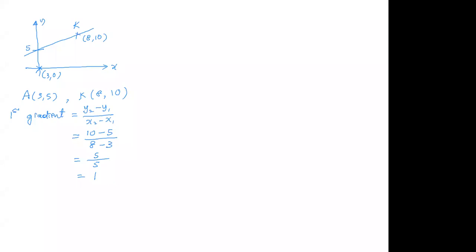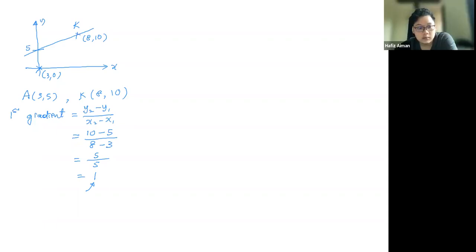Can someone tell me the meaning of this gradient? If I have a gradient of 1, what does that mean? It is a horizontal straight line? No. So what do you mean by gradient? The slope of the equation.